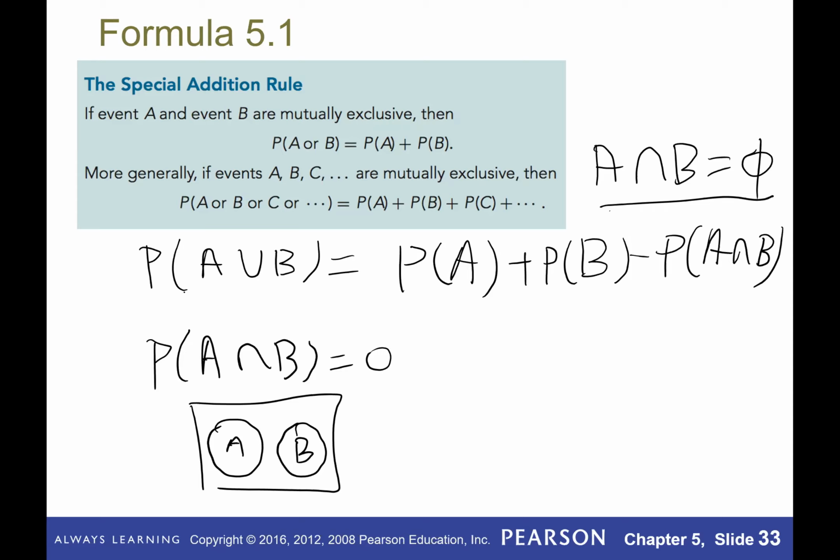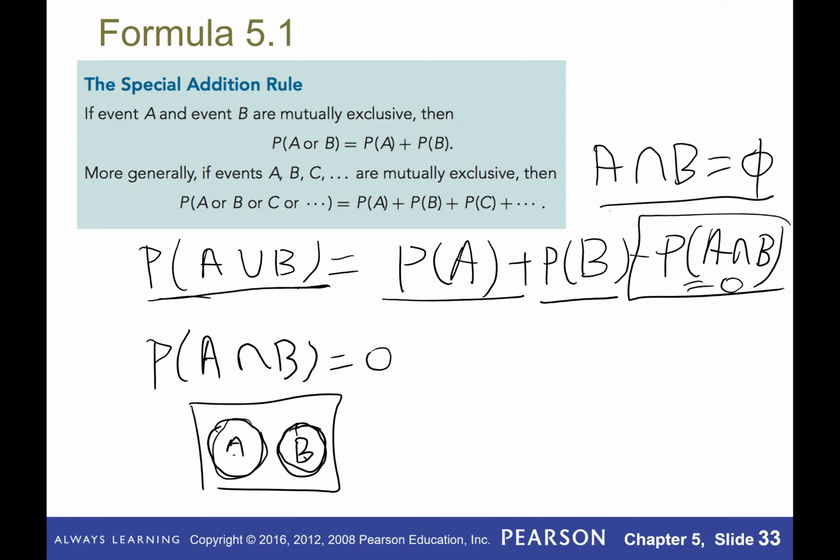Then the probability rule for addition becomes: the probability of A union B is equal to only the probability of A plus the probability of B, and we will not have this part. So the probability of A or B will be just this one plus this one. We do not need to subtract anything because we are not adding anything extra.